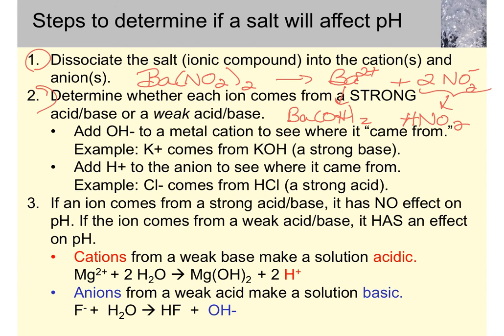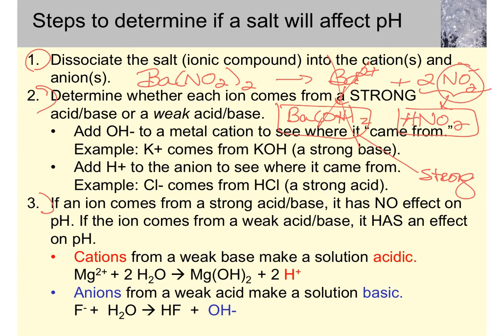Then you evaluate whether the substances you determined these ions came from are strong or weak acids and bases. It's just memorization again. Barium hydroxide is a strong base. It's one of the six strong bases you were supposed to memorize, which means that barium will have no effect on pH. The nitrite, notice I didn't use nitrate, which would have been strong.